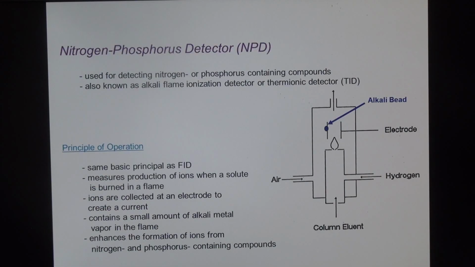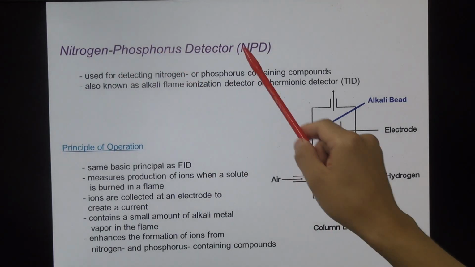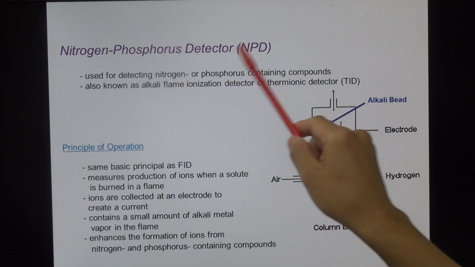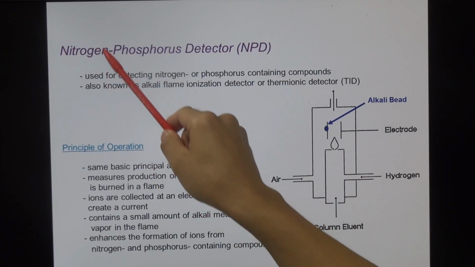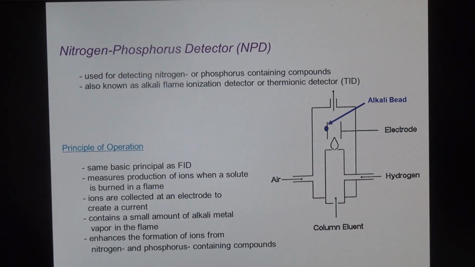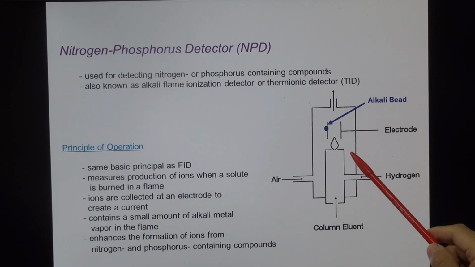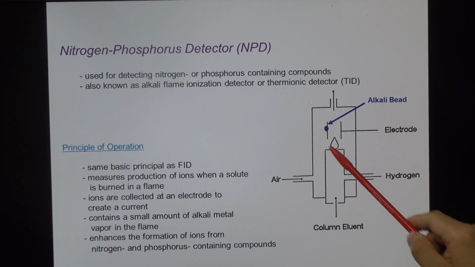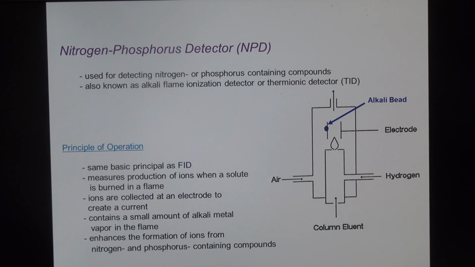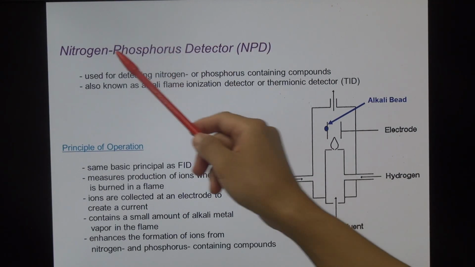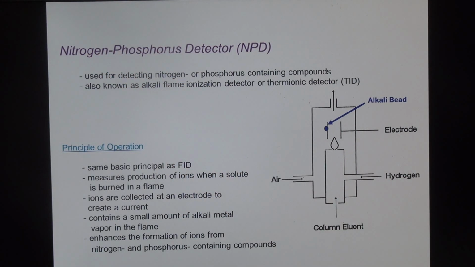The next type of detector is called the nitrogen phosphorus detector. As the name indicates, they are really good detectors for compounds containing nitrogen or phosphorus. Okay. The basic principles are basically the same as FID. They use a flame to ionize compounds with nitrogen or phosphorus atoms. Okay, so they measure current.